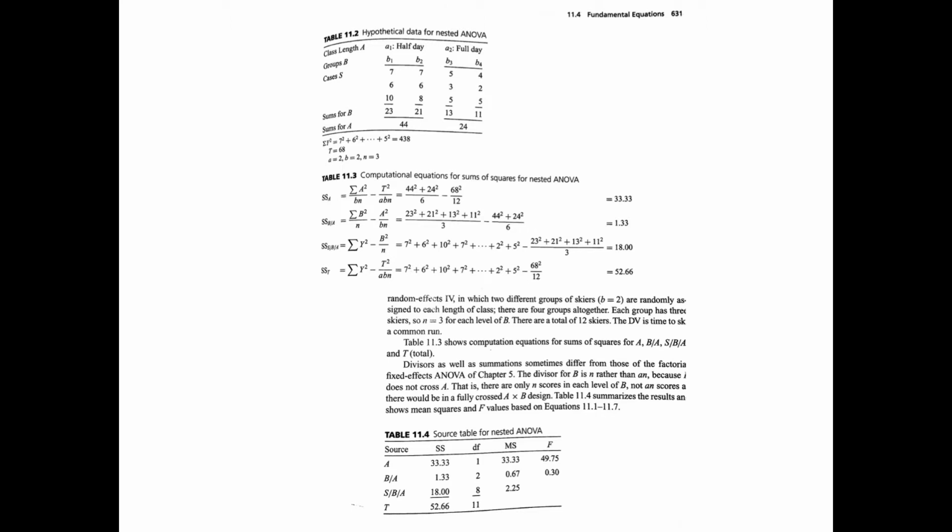So those are your three terms: A, B/A, and S/B/A. You just have to make sure you remember which to divide by which. I'll show you what this looks like in SPSS in a minute. The error term for A is B/A, and then the error term for B/A is S/B/A. So you're going to get mean squares for each, and then you divide accordingly.